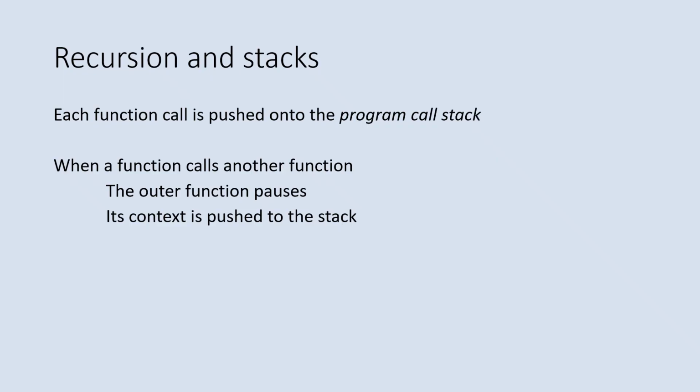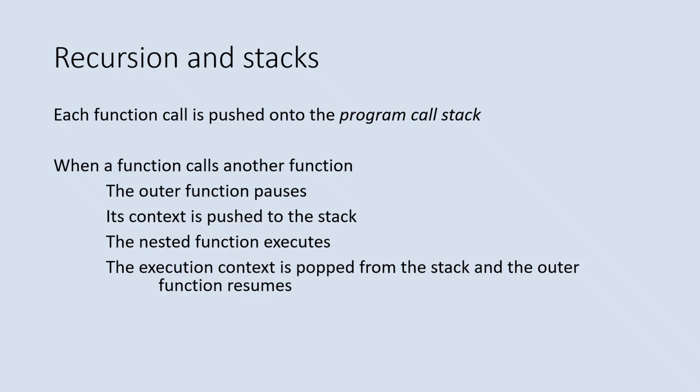Its context, the information relative to it, will be saved, will be pushed to the stack. The nested function, the one that was called, executes. And then the execution context is popped from the stack and the outer function can resume its duties.